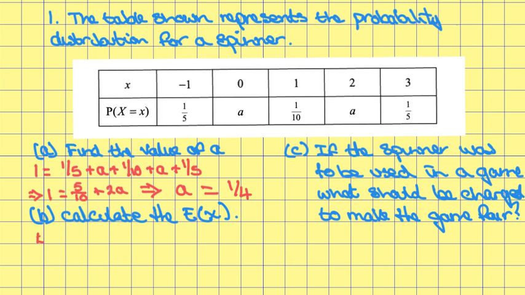Well, we know that the expected value of X is equal to the sum of x times the probability of X equaling x.